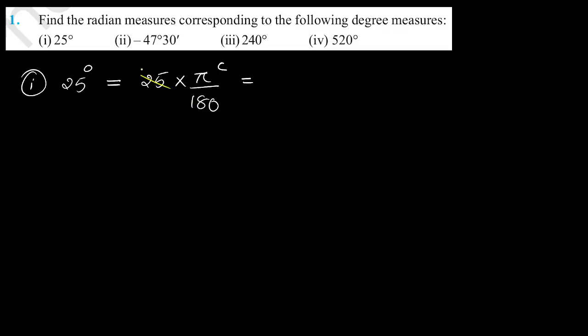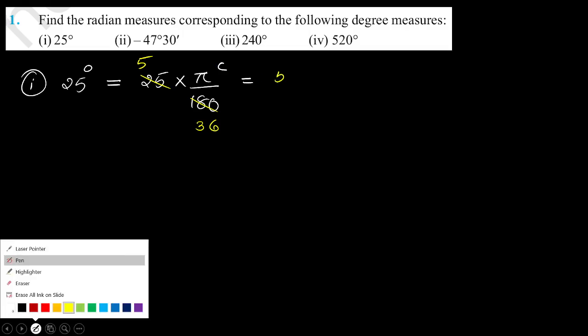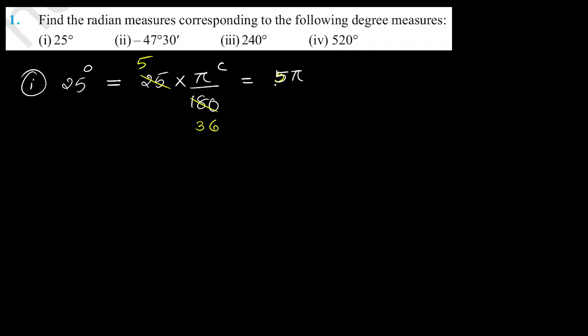No, 5. 180 divided by 5 is 36. No further simplification is required. 5 pi divided by 36. You may show the radian symbol like this. So 25 degrees is equivalent to 5 pi by 36 radian. Understood? Deva, Rakshana, Shivani, clear?